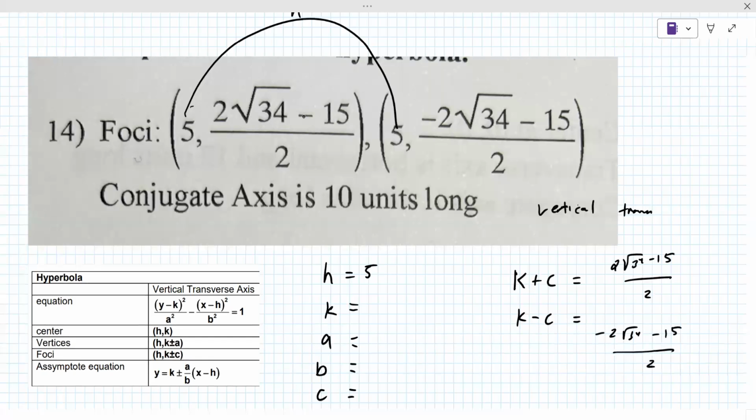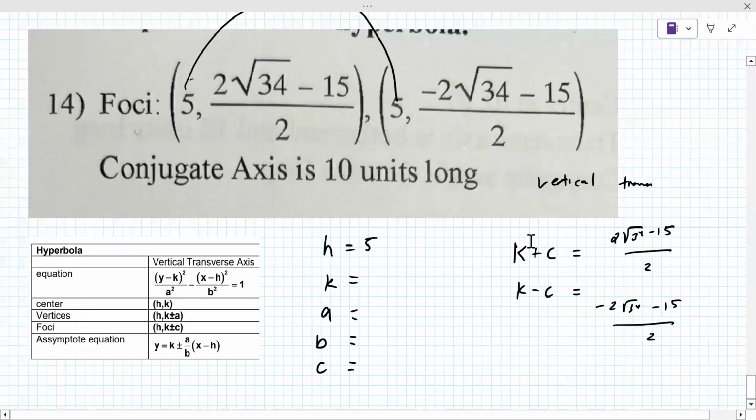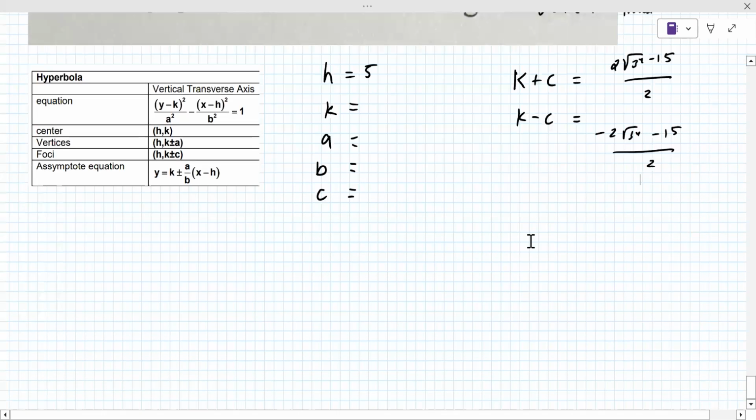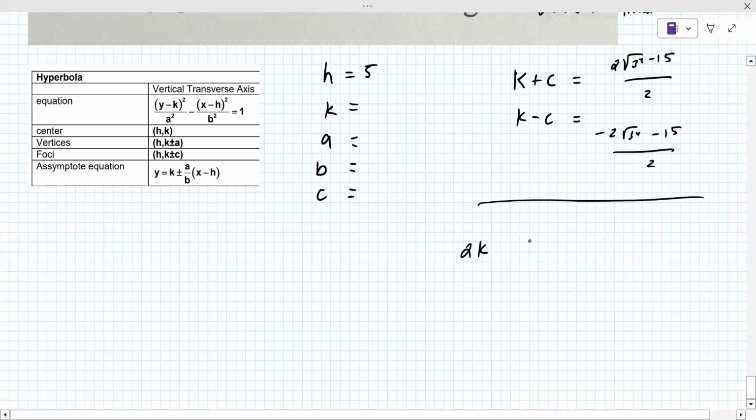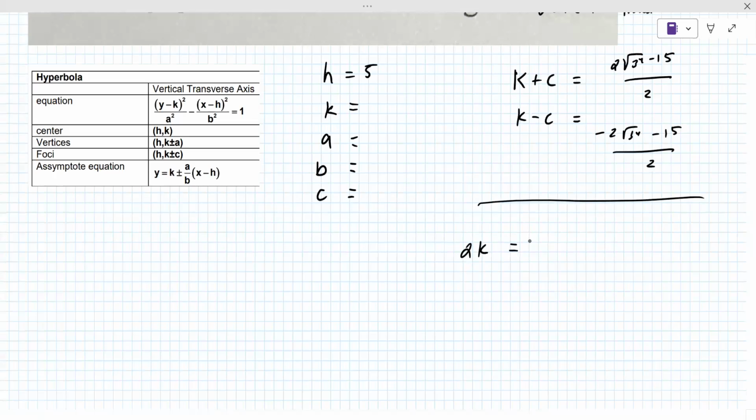This is just an exercise in algebra. This is not difficult to do, but it is kind of a worst case algebra scenario. So it's 2k on the left. On the right, you have 2 square root 34 over 2 minus 15 over 2. That's the top.